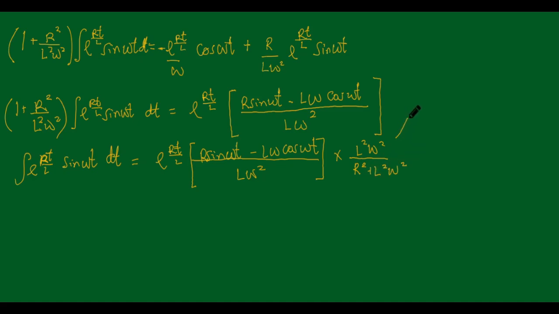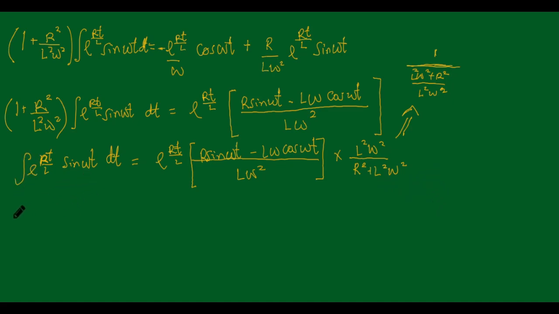Now this came from dividing both sides by 1 plus R squared over L squared omega squared, which is 1 divided by, on simplifying that, we have L squared omega squared into bracket, the numerator now becomes L squared omega squared plus R squared. So when you do this, you're going to be having L squared omega squared divided by R squared plus L squared omega squared.